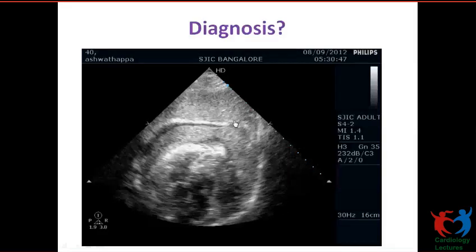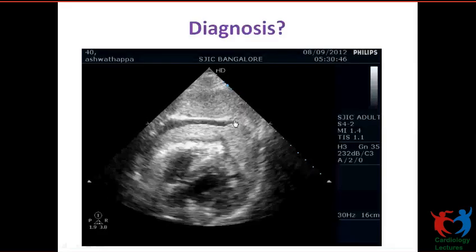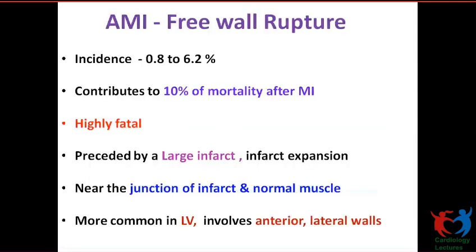Correct. Free wall rupture occurs in 0.8 to 6.2% of patients and contributes to 10% of mortality. It usually occurs in a large infarct at the junction of the infarct and the normal muscle. More common in the LV, especially in the anterior and lateral walls.